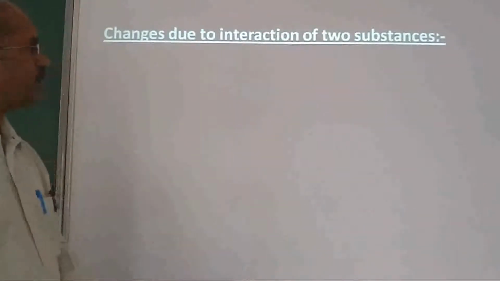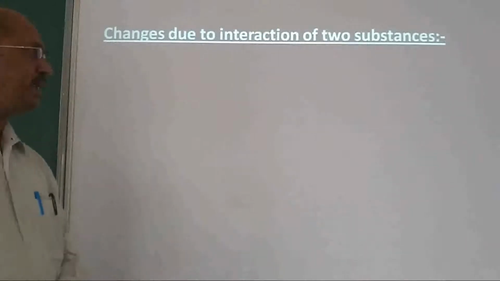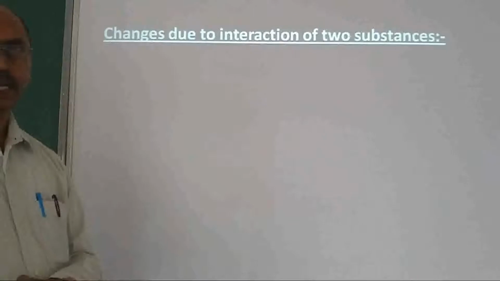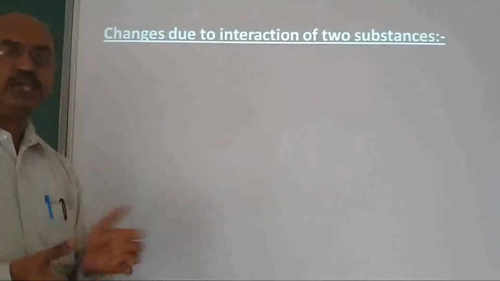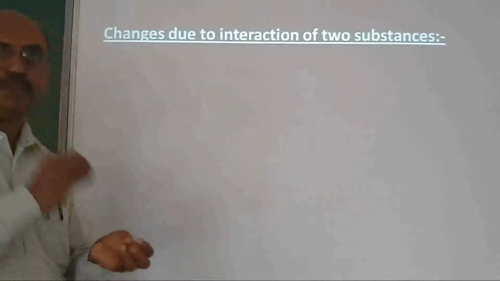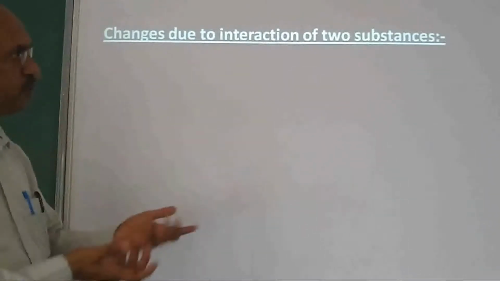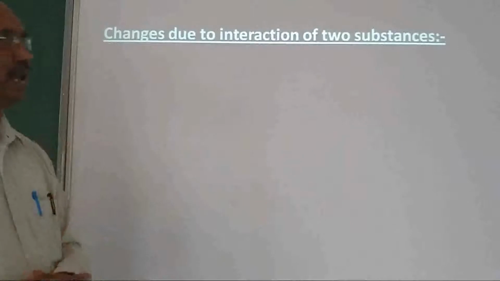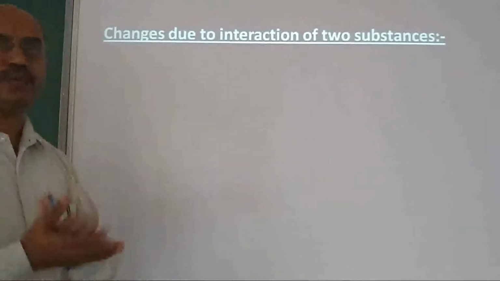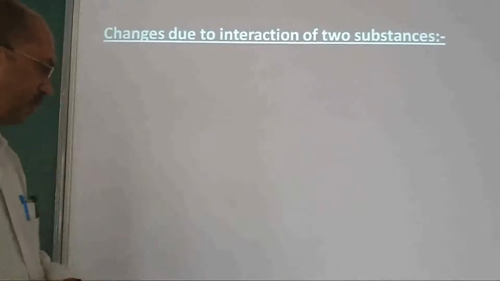The next one, changes due to interaction of two substances. So what does it mean? When you chew the food, it is a physical change, and the starch reacts with salivary juice. So when salivary juice comes in contact with the starch, it splits into glucose. This is what is called interaction. Some chemical reactions happen when two substances interact with each other.